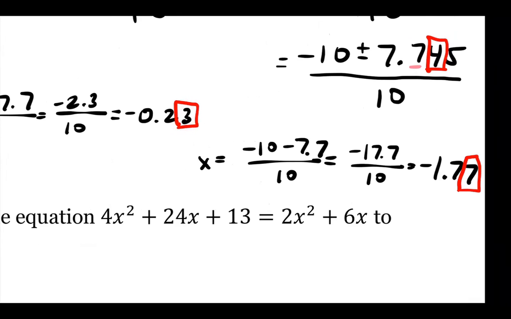It's not high enough to round up. So this one's going to be negative 0.2. This 7 over here is high enough, so I can round up. So that one's going to be negative 1.8.